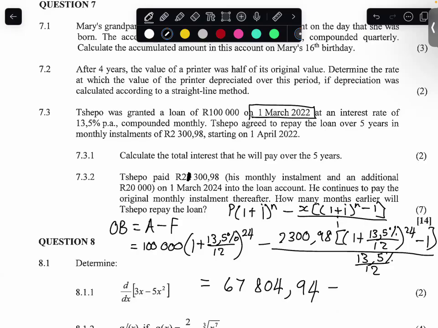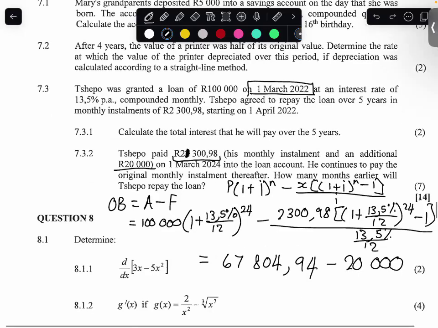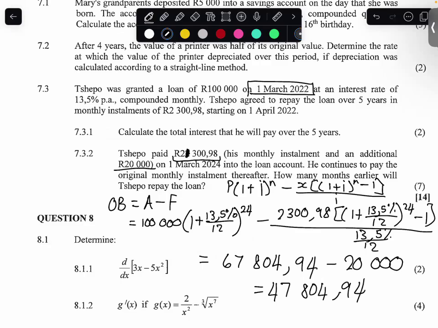It would be this amount minus the 20,000. Because on that day, he's not just making his monthly installment payment, he's also making an added installment of 20,000. So I'm going to minus the 20,000 to get the total outstanding balance on the loan to be 47,804,94. That's the outstanding balance on the loan now.